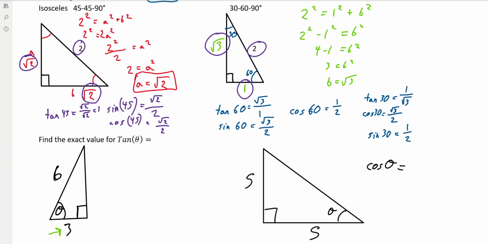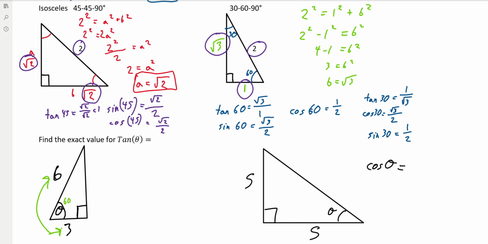And it is exactly half of this number, right? See how this 1 is exactly half of this 2? In the same way, the 3 is half of the 6. All right, so this is good. So that means we're going to be using our 30, 60, 90 rule.